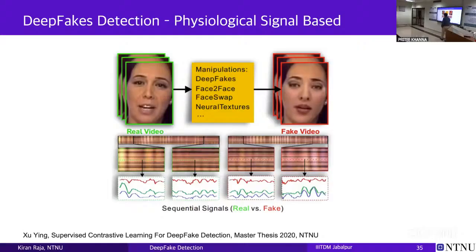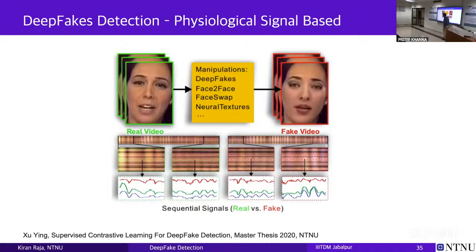If you have this information, you can draw a signal out of that. It's nothing but a continuous signal, right? For each pixel, the values go up and down, up and down. And here you see that for the sequence of frames for the same pixel that you're measuring across all different frames, the signals are very different.